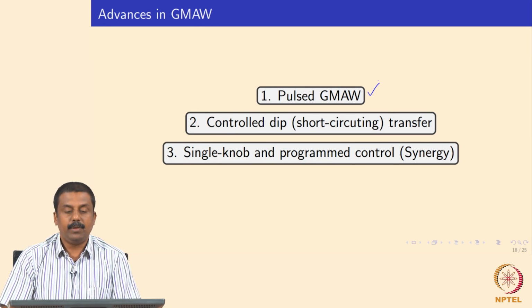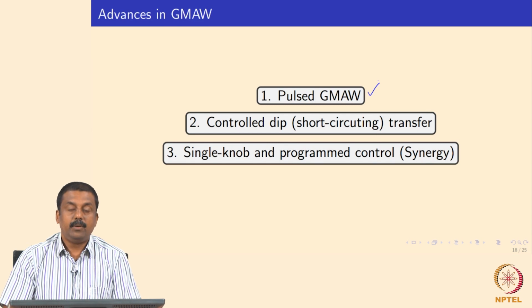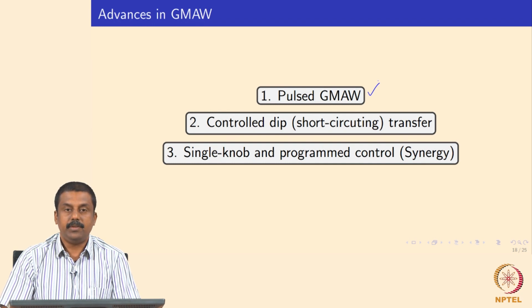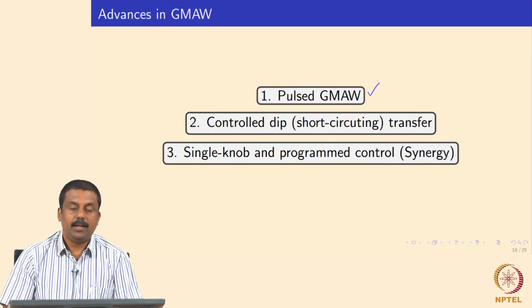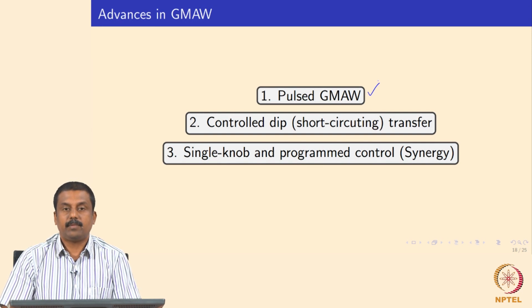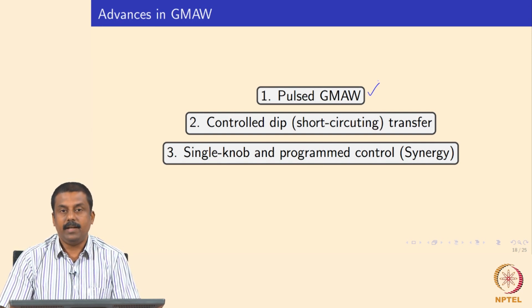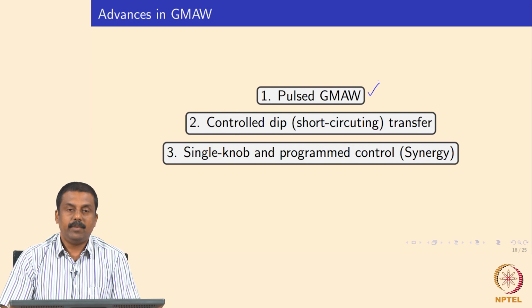the controlled dip transfer process, where we transfer the droplets in a short circuiting mode. During this short circuiting mode, we also significantly reduce the heat input by reducing the current or voltage close to 0, so that when the droplet is transferred, we transfer it in cold conditions compared to the conventional GMAW or even pulse GMAW.